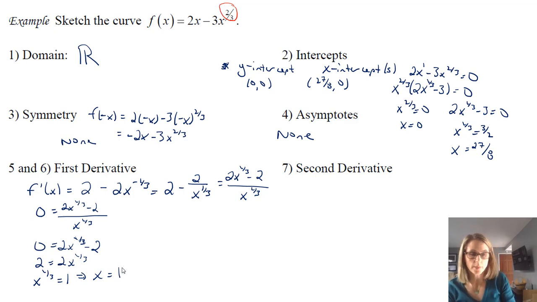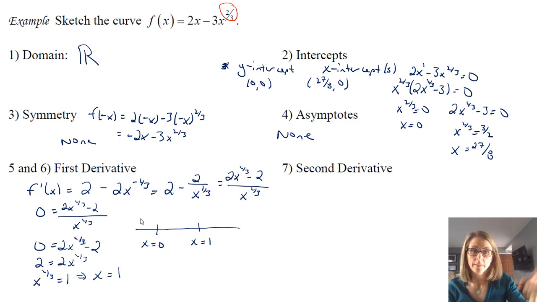So x equals 1 is an important point. And so now I'm going to make my sign chart, and I'm going to put on x equals 0, and then x equals 1, and then I'm going to check. I'm putting this into the derivative, and I can put it into any version of the derivative that I found, whatever works for me.